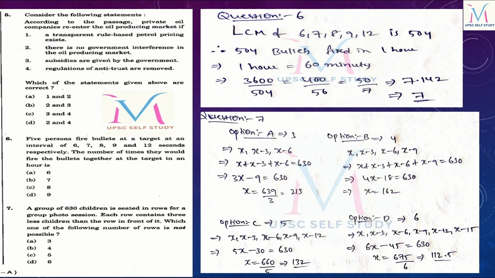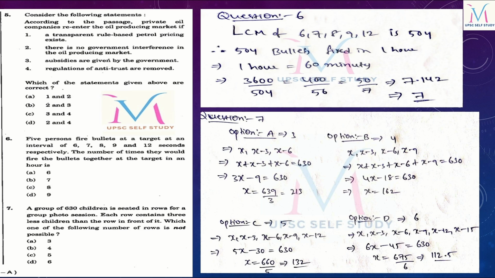First row is x, we don't know how many. Second row is x minus 3, which means 3 children are sitting less than the first row. And again third row is x minus 6, 3 children fewer than the second row.